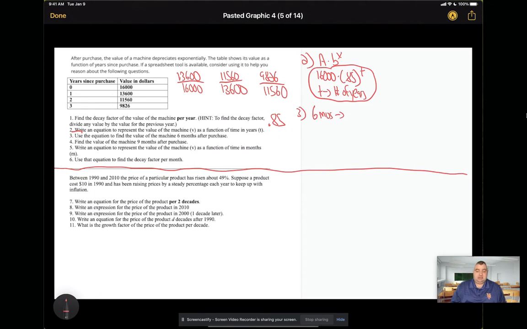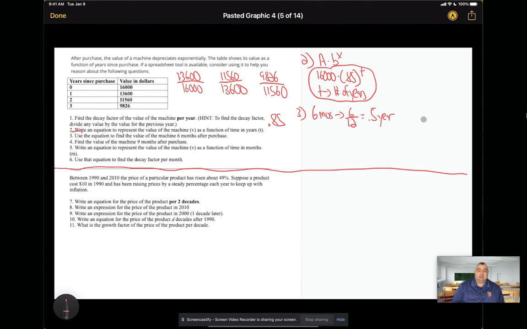So the question is, how do I convert months to years? Well, I know that there's 12 months in a year, so I have to either multiply by 12 or divide by 12. Well, the answer in this case is I'm going to divide by 12 because 6 months divided by 12 months per year is going to give me a half of a year, right? 6 months is a half of a year.